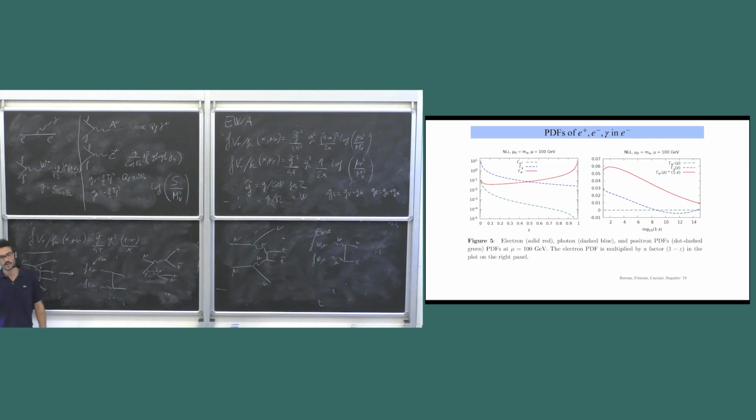And these logs are so large that not only is this dominant, but I also have to resum the logs. Actually, for some distributions it's more important to take these logs and resum them using only this diagram than to take all these effects, which are effects of the order m over square root of s correction.